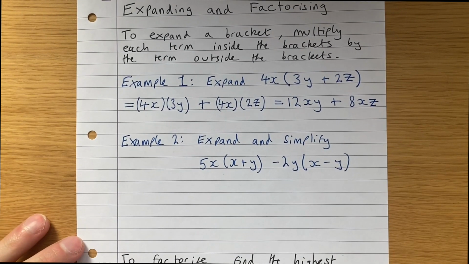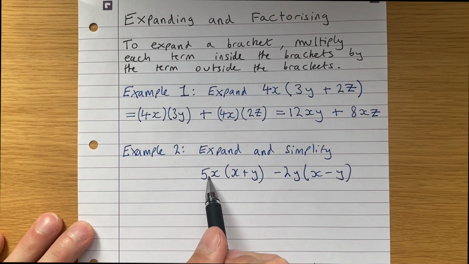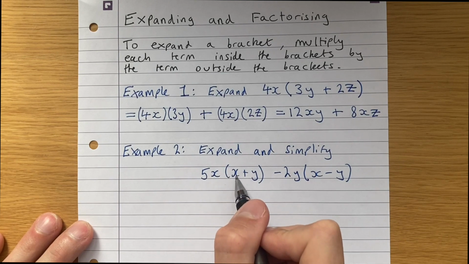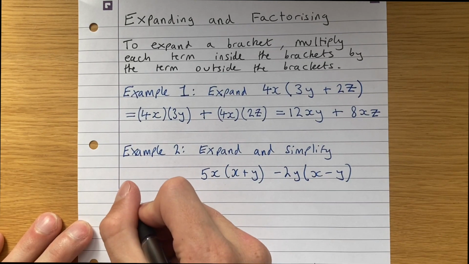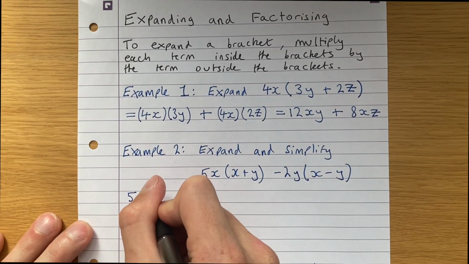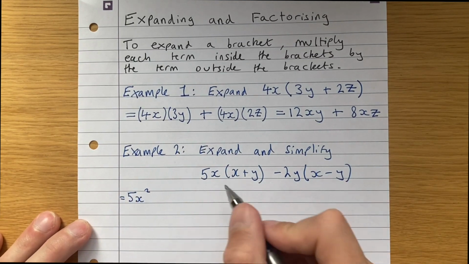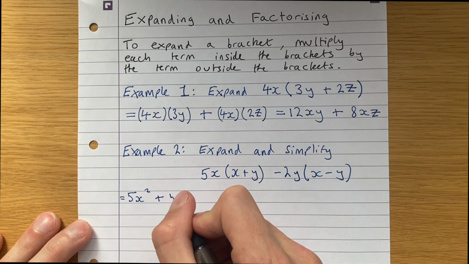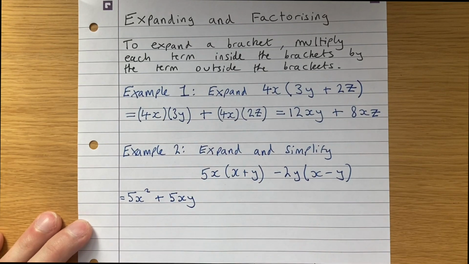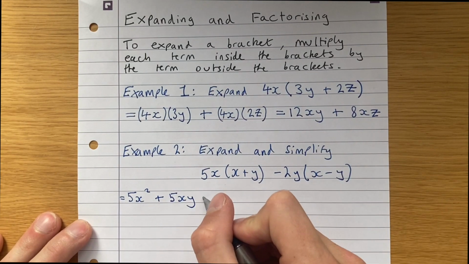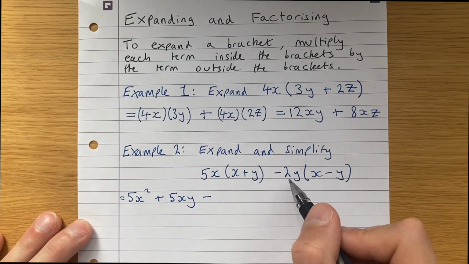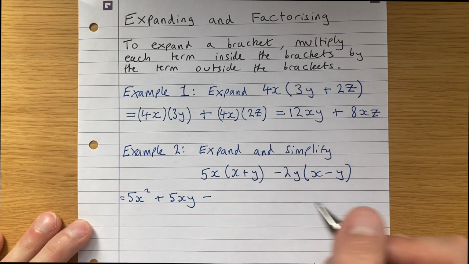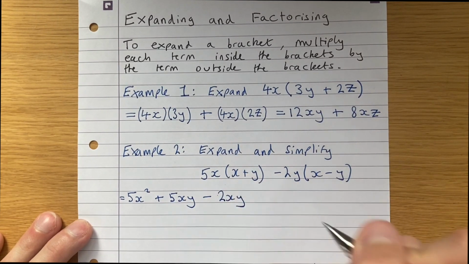Let's go straight into another example. Same process again. Terms on the outside multiplied by each term on the inside. So we get 5x times x, which is just 5x squared. 5x times y, well, that's just 5xy. Now we've got to be careful with minus signs here. Minus 2y times x is just minus 2xy.